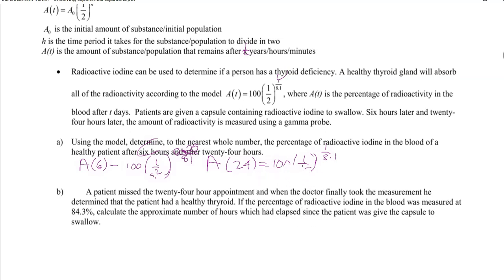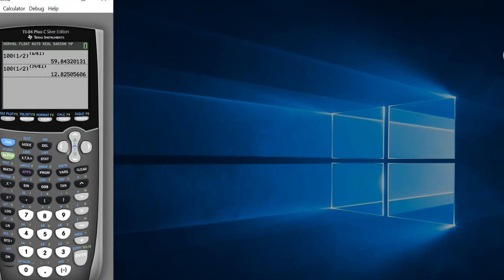All right, let's go fix that. So the 6 should be a 0.25. So I'm going to bring that back down. Go over here. Instead of 6, we'll put 0.25. So it's 1/4 of a day, 6 hours. So that's 97.88, 98%.